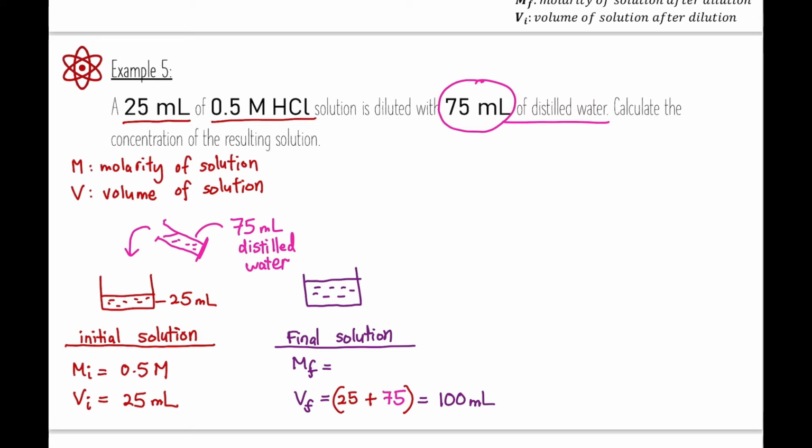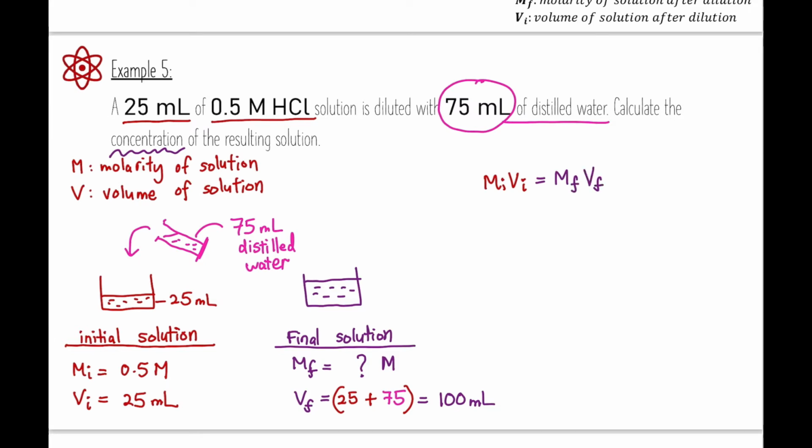The question asks you to calculate the concentration of the resulting solution. Therefore, we want to find out the value for the final molarity. We know that to calculate the new molarity of the new solution, we can use the formula M1V1 equals MFVF.